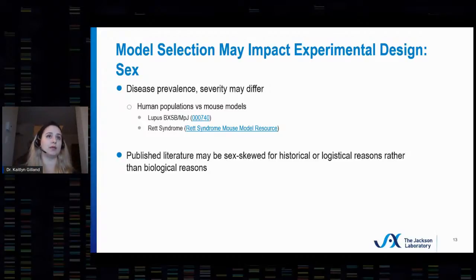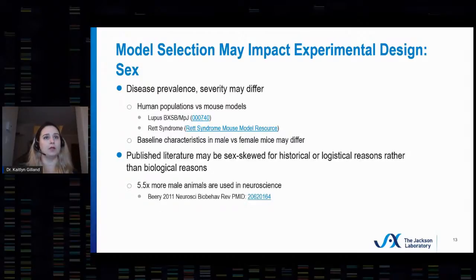And there might also be a sex skew within the published literature. This could be for historical reasons or logistical reasons, something other than biological reasons. So for example, within neuroscience, male animals are used 5.5 times more frequently.